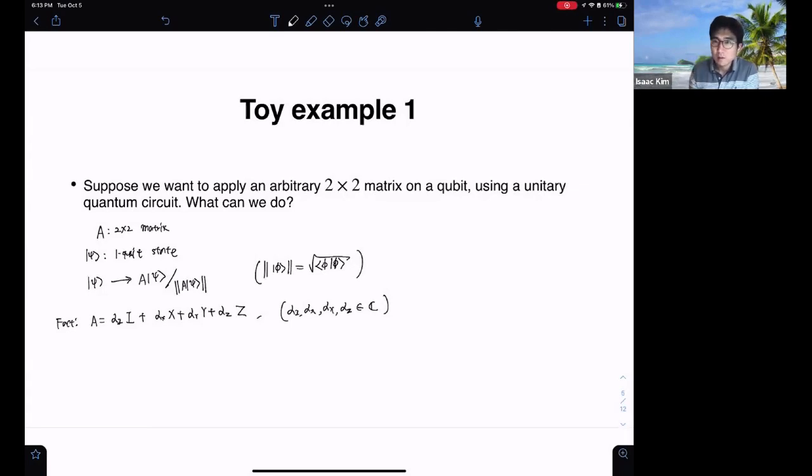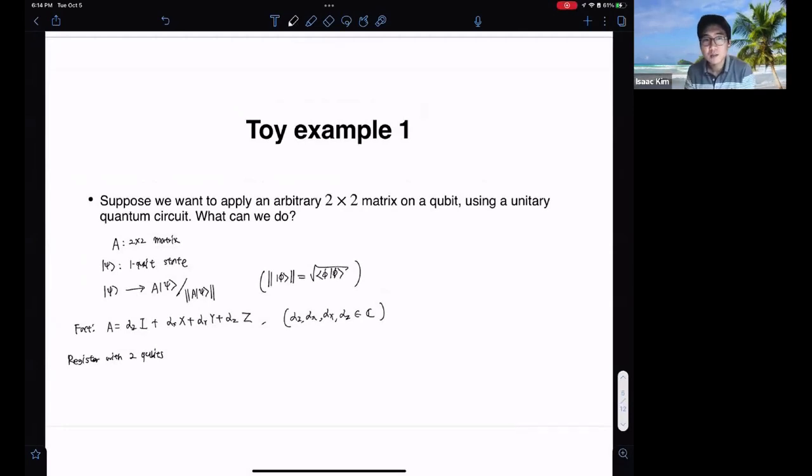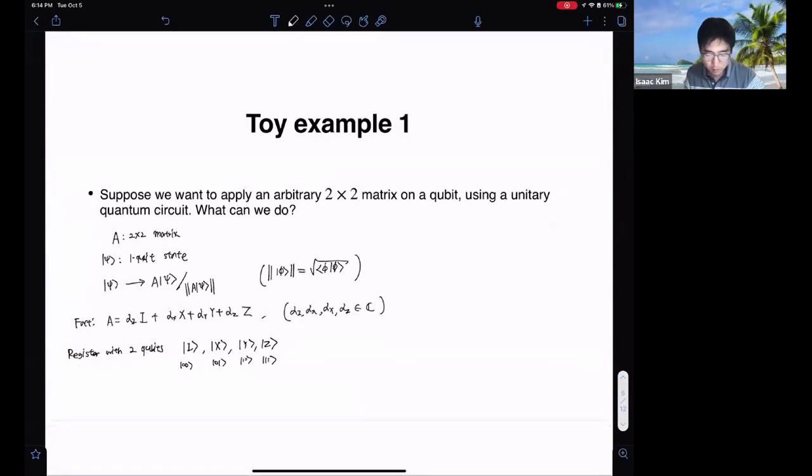So I'll have a register consisting of 2 qubits, and with those 2 bits of information, I will encode the identity, X, Y, and Z. It's a 4-dimensional Hilbert space, and I will denote the basis states as I, X, Y, and Z. If you want to be super concrete, maybe you assign 00 to identity, 01 to X, 10 to Y, and 11 to Z, but of course other choices are also valid.